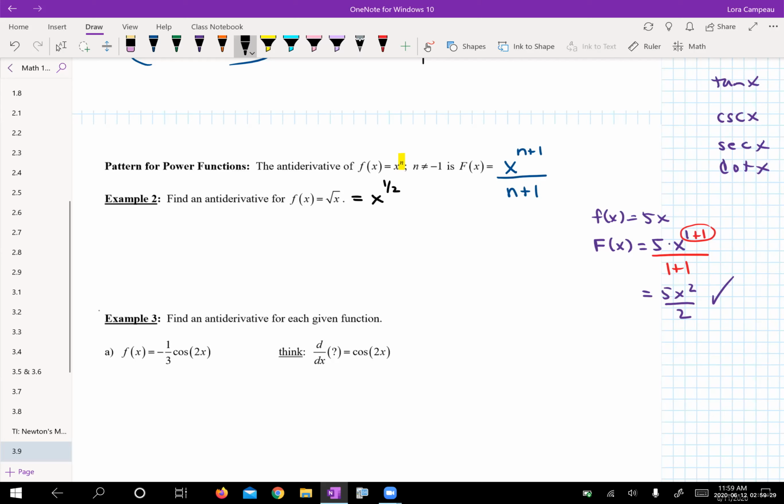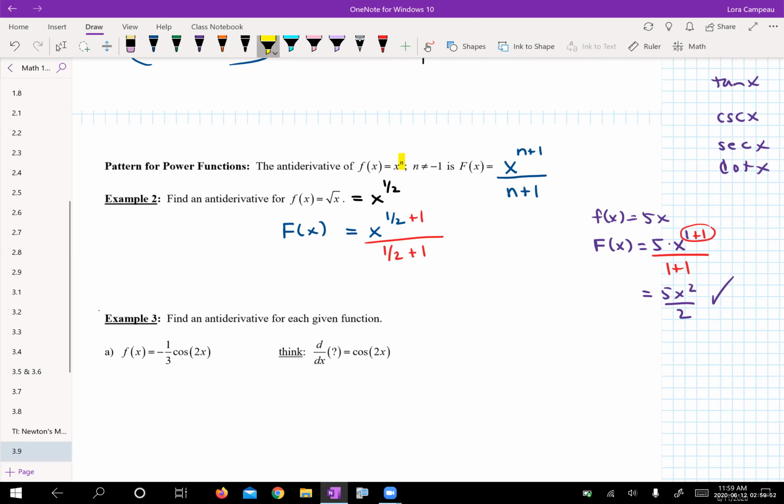So now if we're going to use our formula, we can say the antiderivative is equal to, we're going to keep our x. What we're going to do is add 1 to our exponent, and then we will divide by the same exponent.